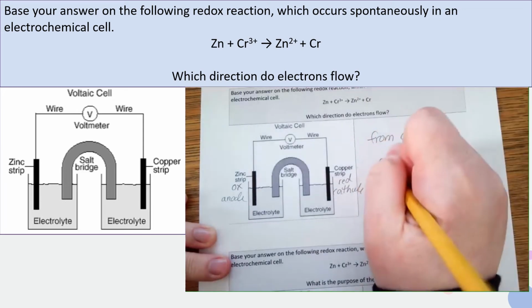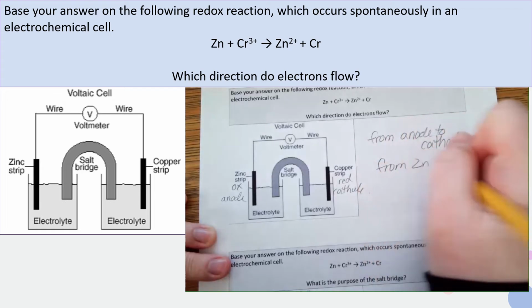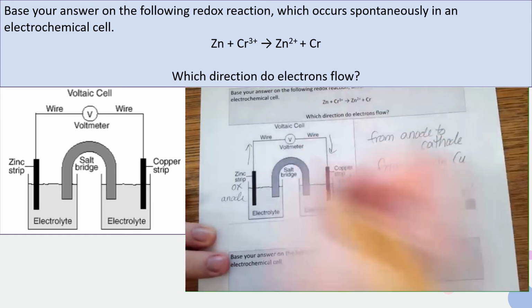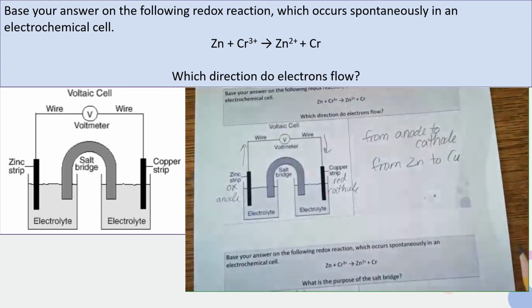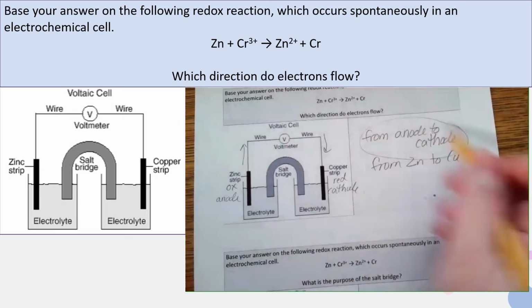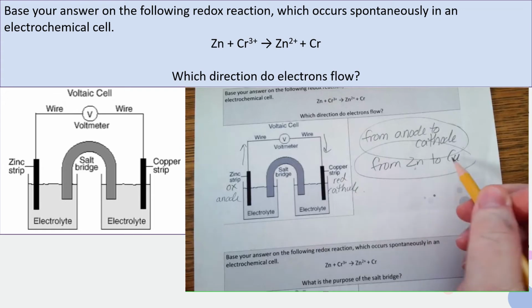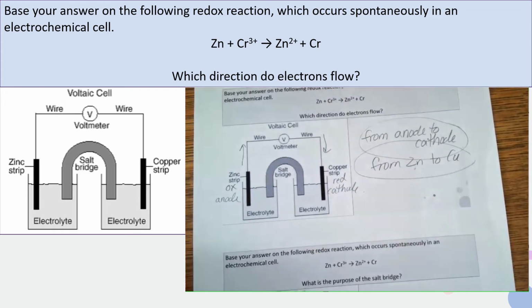So in this case, it would go from Zn to Cu. It would go like this. When it asks you for a direction, please do not say left, right, up, down. Say this, from anode to cathode, or from the piece of metal that's the anode to the piece of metal that's the cathode.